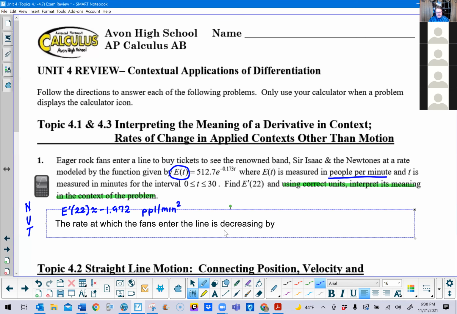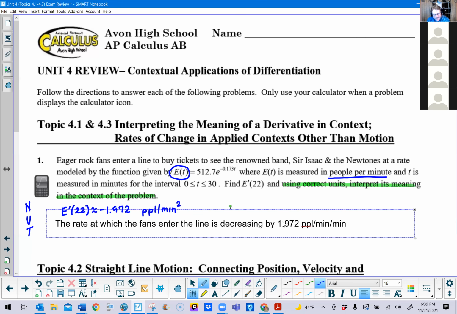Let's think about this. The rate at which people enter the line is decreasing by. If I just take that 1.972, if I put the right unit with it, people per minute, I'm into my second derivative, you guys.